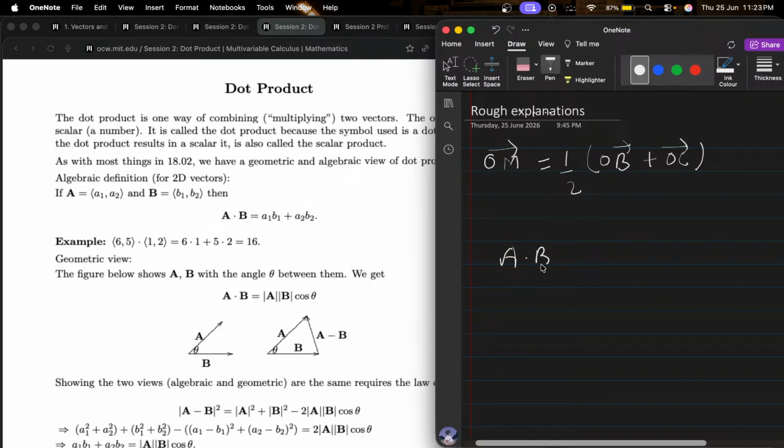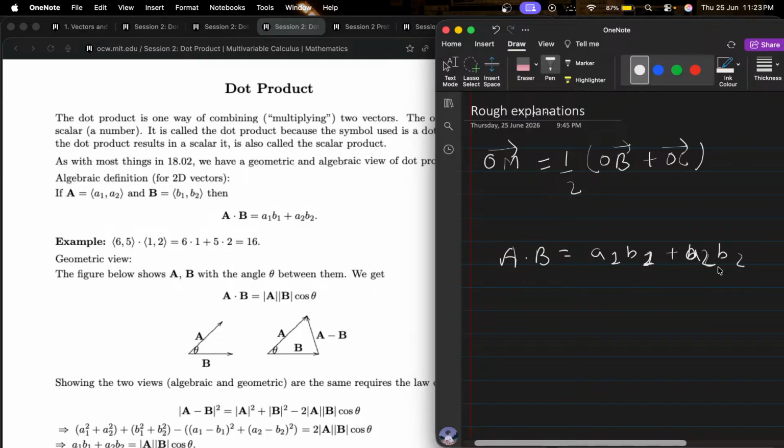To find a dot product, it's simply a1 times b1 plus a2 times b2. We have to do nothing fancy, just the core concept. So if we solve the question with 6, 5 and 1, 2, we can also solve this mentally. It comes out to be 16, but how it comes out to be 16, that's the main thing.